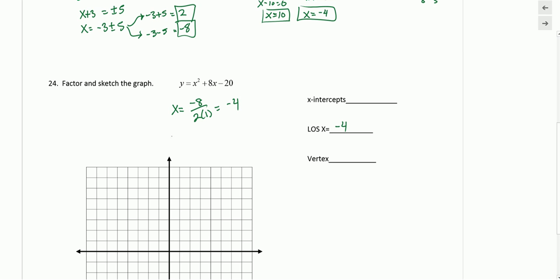Then I'm going to go after the vertex. We know the x value is the same, so -4, plug that in and find out what y is. We get 16 minus 32 minus 20, which is -36.